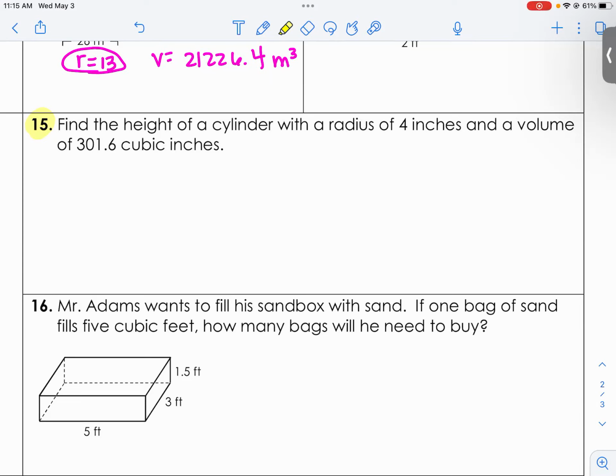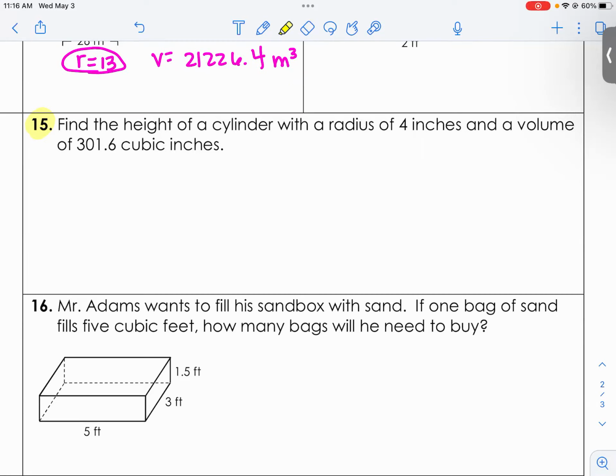Notice how they gave you what the volume is. It's gonna be a big number after, it's gonna be a small number. It's gonna be less than 10.